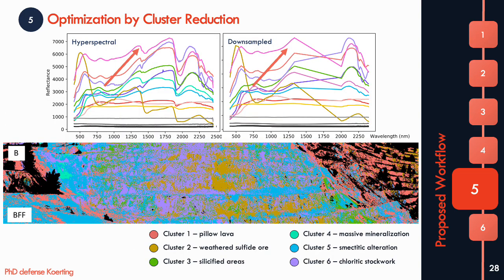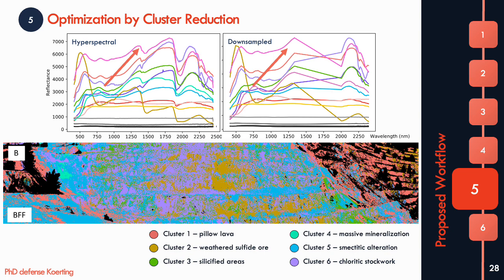So this led me to an optimization iteration, and I checked my hyperspectral spectral library and the downsampled spectral library, and wanted to see why gypsum is overrepresented. And it shows that the only absorption feature that distinguishes gypsum from the other sample sets here lies within this atmospheric absorption window.